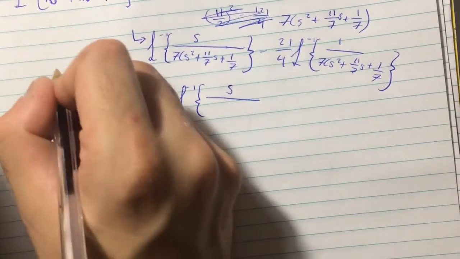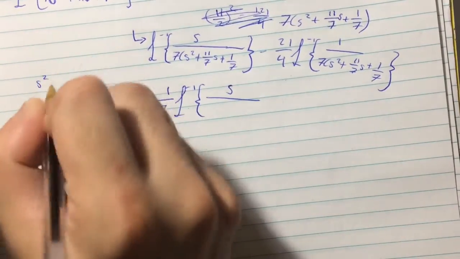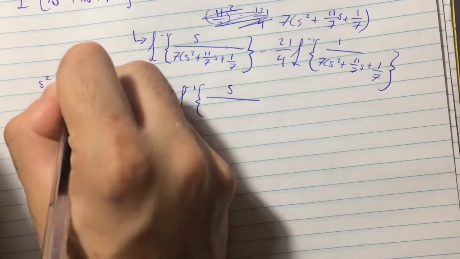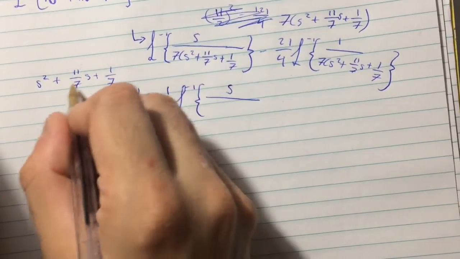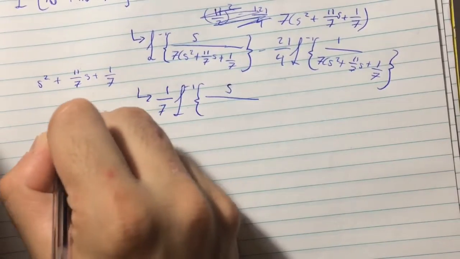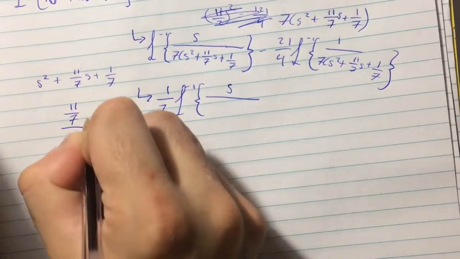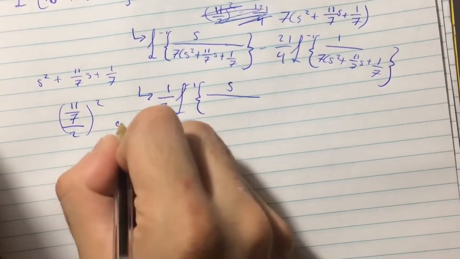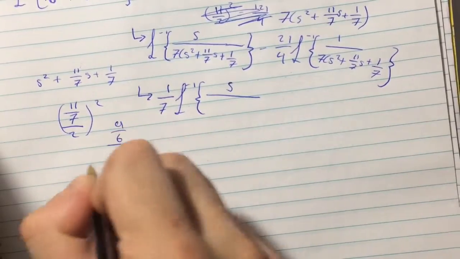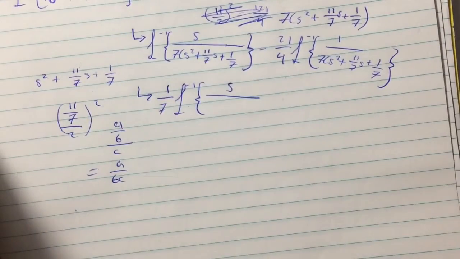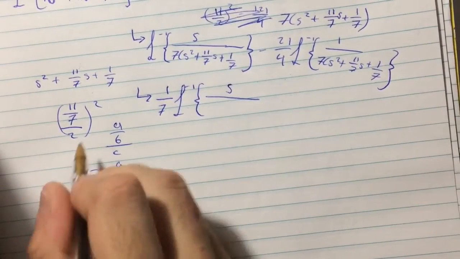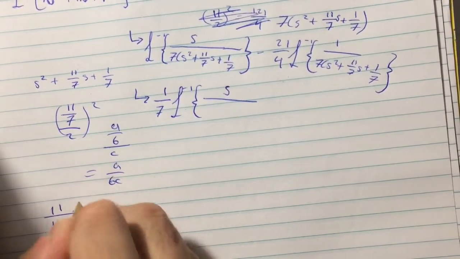So let's just do it off to the side here. s squared plus 11 over 7 s plus 1 over 7. I can take the middle term, 11 over 7, divide it by 2, and square it. a over b over c is equal to a over bc, so 11 over 7 times 2, that's 14.